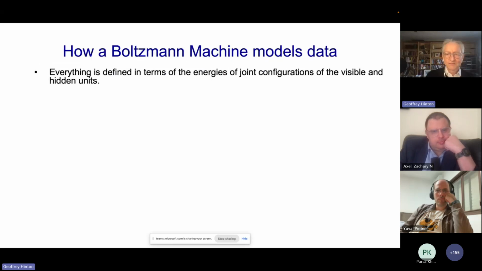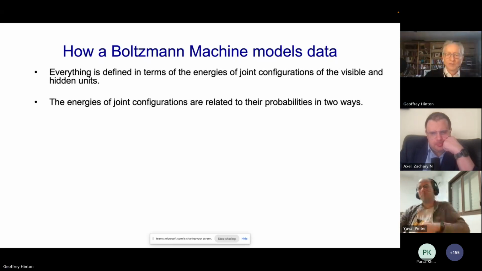With the Boltzmann machine, everything depends on the energies of joint configurations of the visible and hidden units. The energies of the joint configurations relate to the probabilities of those configurations, and you can think of it in two different ways.